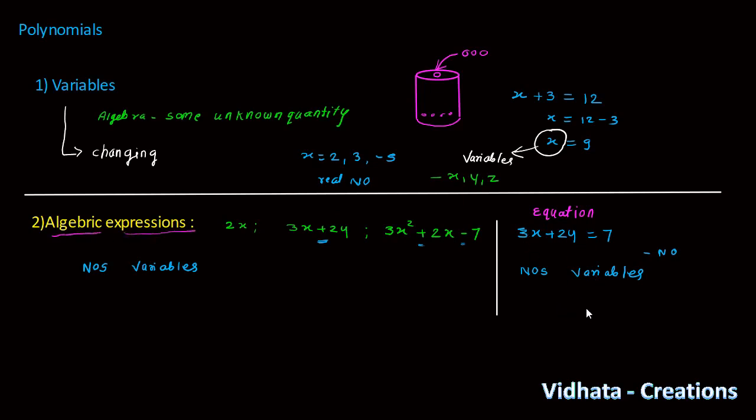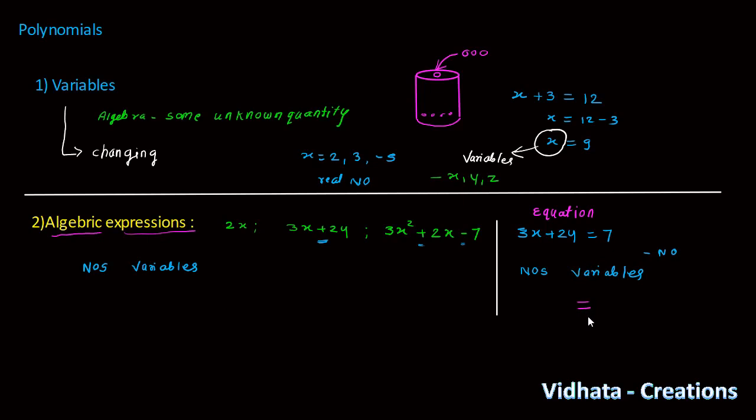Here, in equation, we are going to see the extra equal to sign is there. Numbers and variables, as well as they are in addition or subtraction with each other. These conditions, all conditions are applicable in equation, but there is an extra equal to sign.